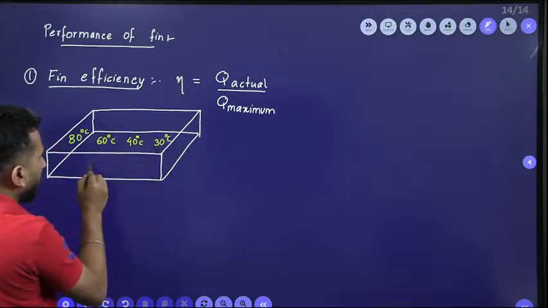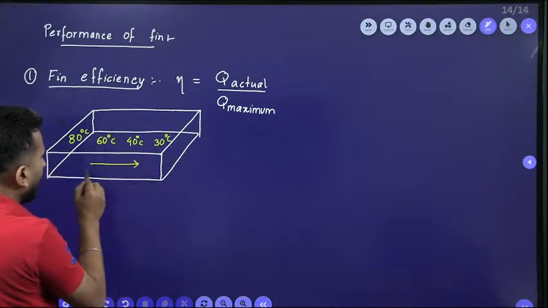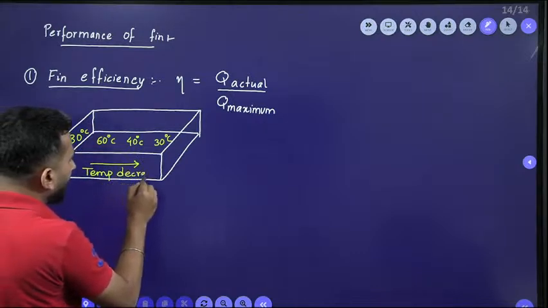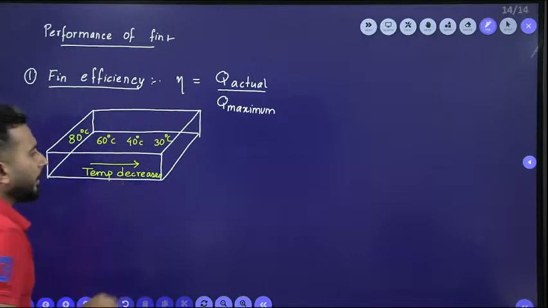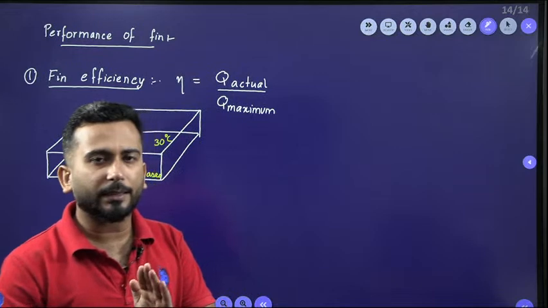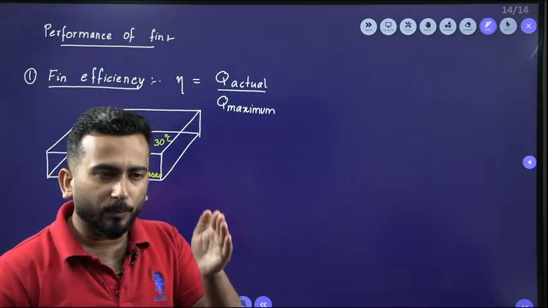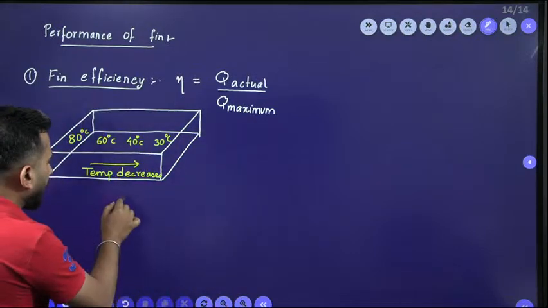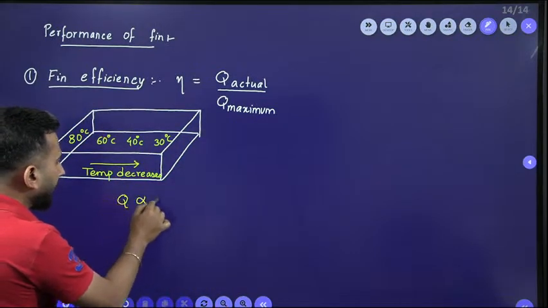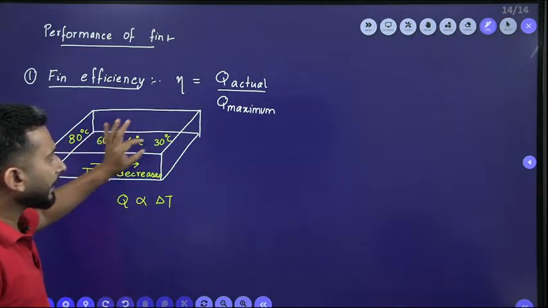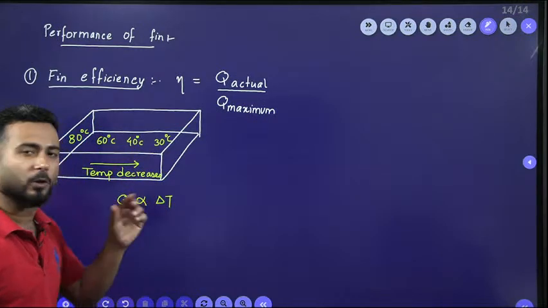That means when you move along the length of the fin, the temperature decreases. So, can I say that when the temperature decreases, the Q convection from the surface also decreases, as Q convection is proportional to delta T? As we move along the length, the delta T decreases. That is why Q convection also decreases.